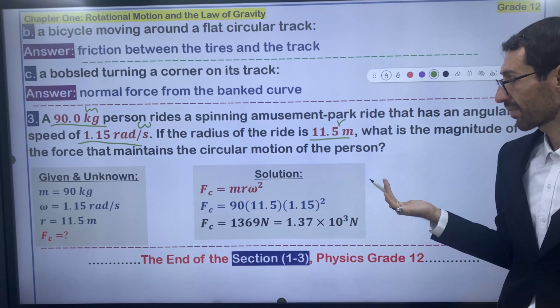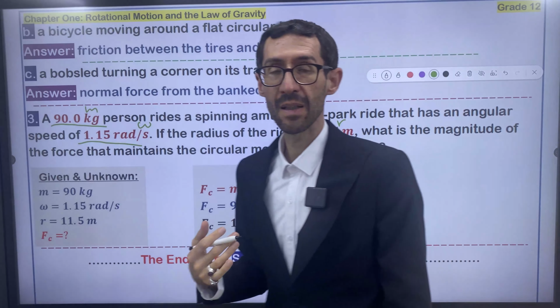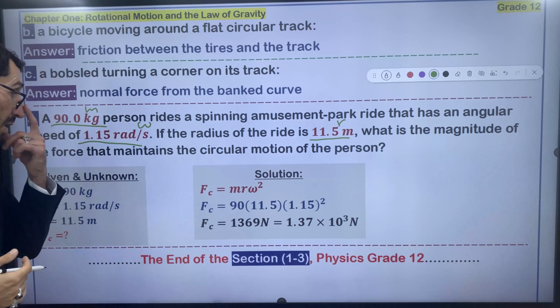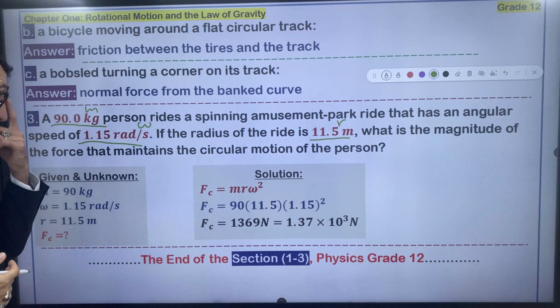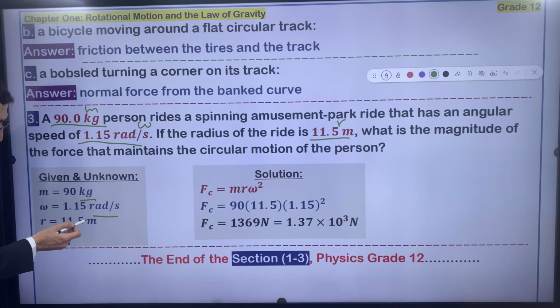It's very easy, right? But in this question, we use another rule that has to do with omega, related to the angular speed. Guys, do we need any conversion?